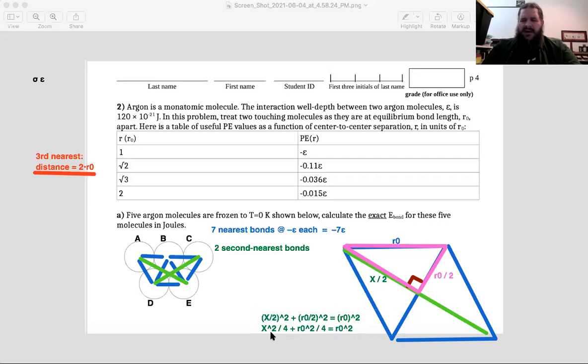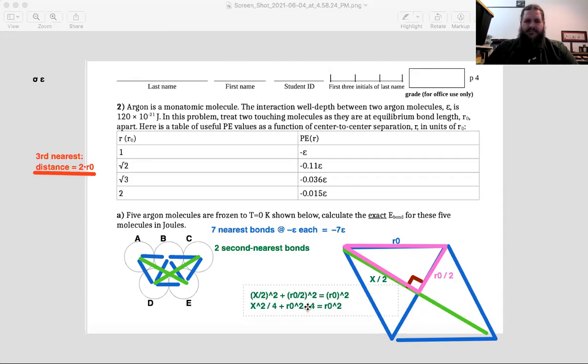And then how would we isolate x here? Algebraically, how could you get x by itself in this equation? Can't you just subtract the R naught squared to the other side and then just take the square root?